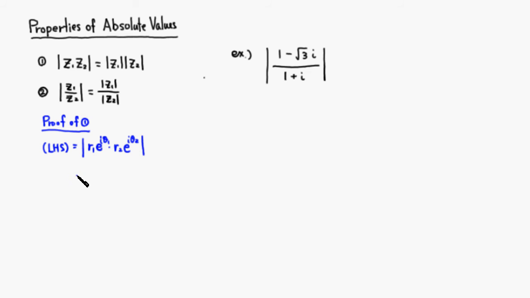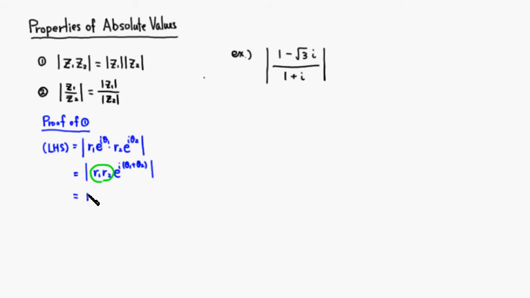Right? Then if you combine that, you can see that we have R1 and R2 together. And in multiplication of exponential functions, we just add the exponents together. Then you can see that the absolute value shows up right here in front of the exponential function.